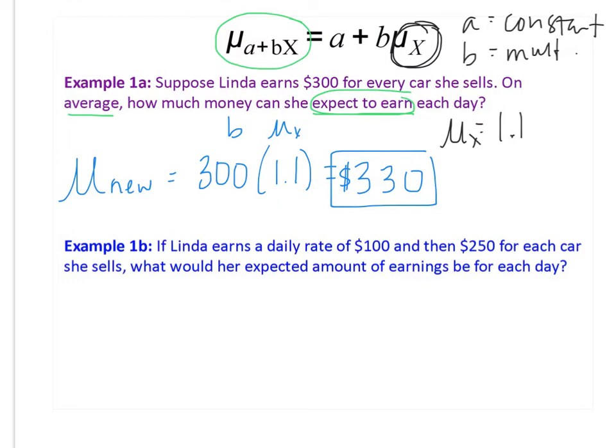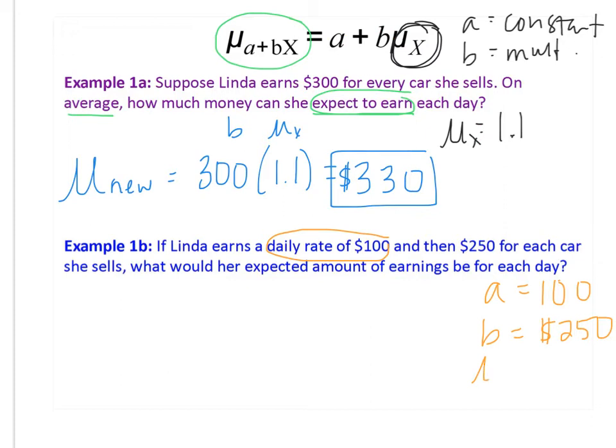If I look at my second example, it says if Linda earns a daily rate of $100 and then $250 for each car she sells, what would be her expected amount of earnings for each day? Well, now I have a B and an A. A daily rate of $100 would give me A of 100, a constant, a fixed value of 100, and B would be 250.